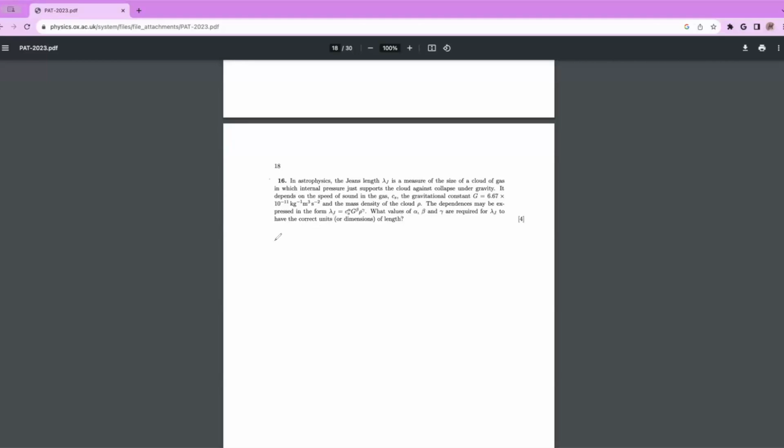Okay, so basically what I'm going to do is say it has 1 unit of length, right? Because it's just a wavelength. And I'm going to expand each of the other dimensions out. So cs is the speed of sound, which means it's going to have meters per second to the alpha.